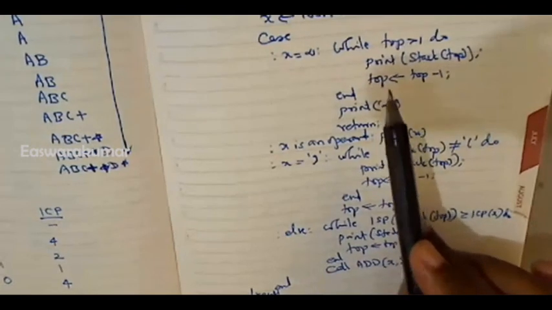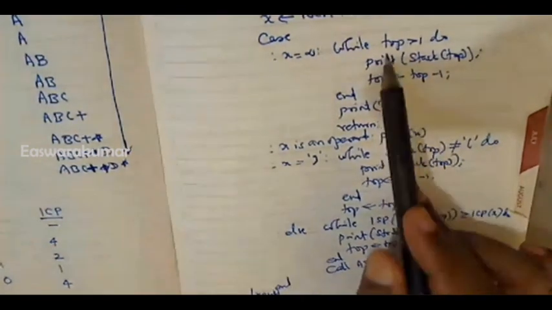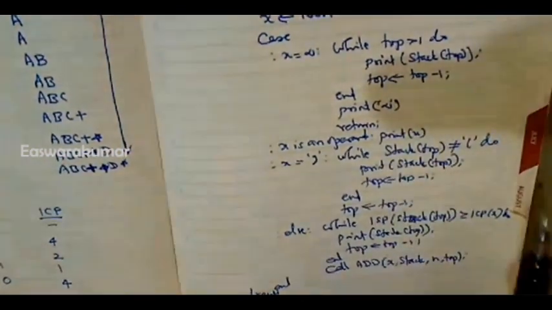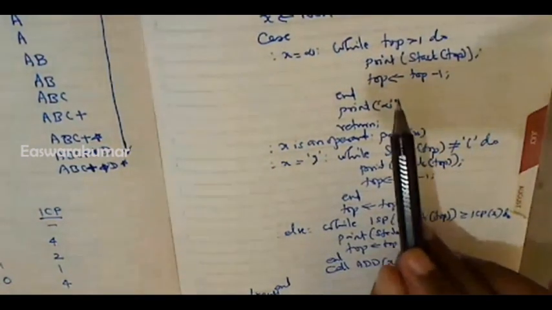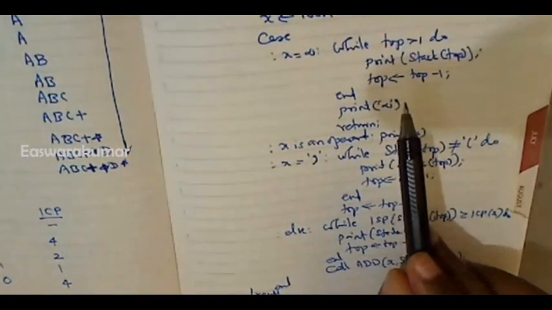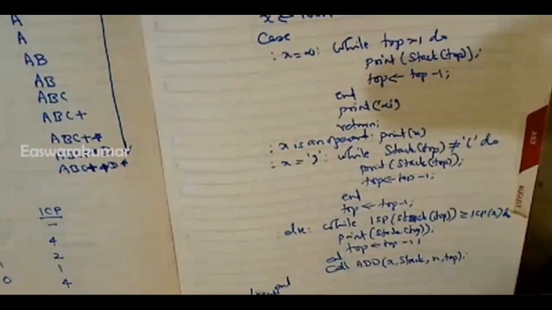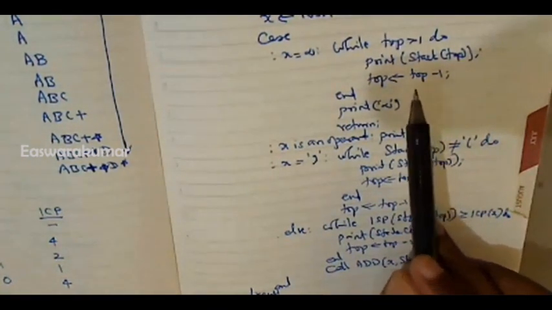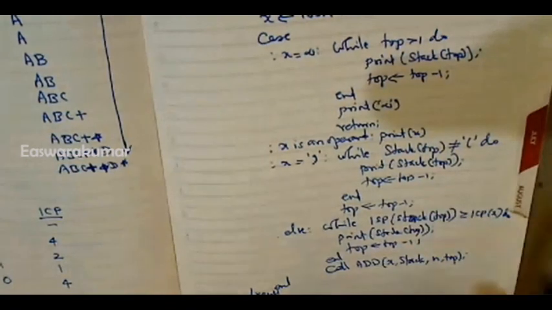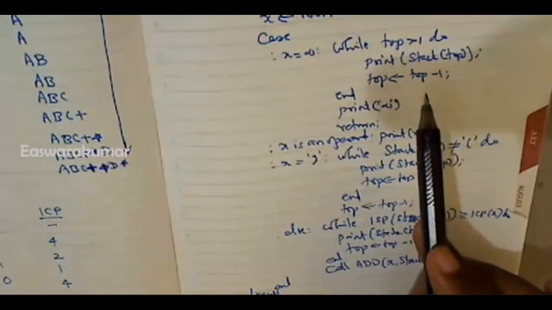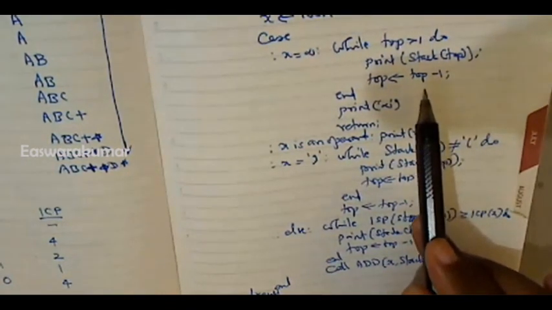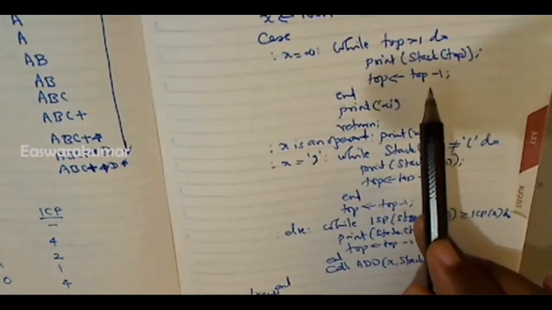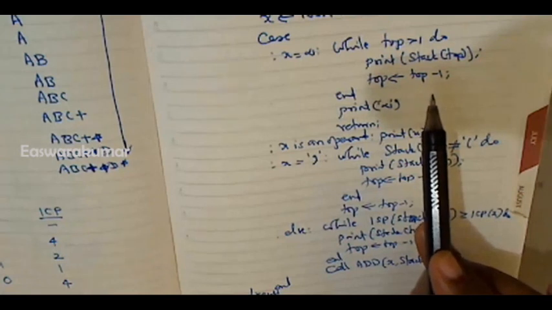Why? Because if you look at this while loop, all we are doing is popping elements out of the stack, and the element popped will be written into the output. Now, what we are inserting in the stack are only the operators or left parentheses, nothing else.